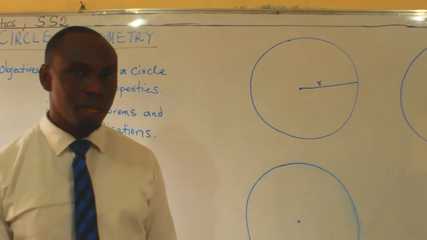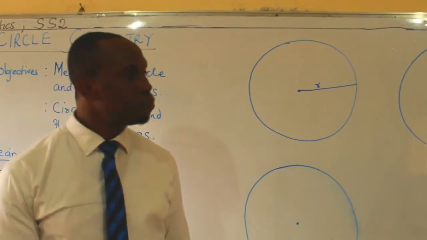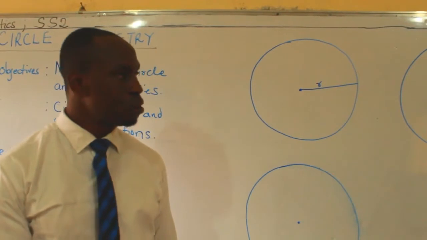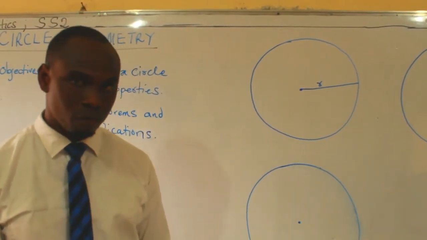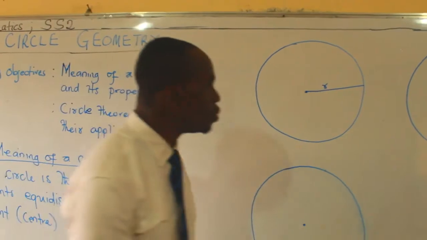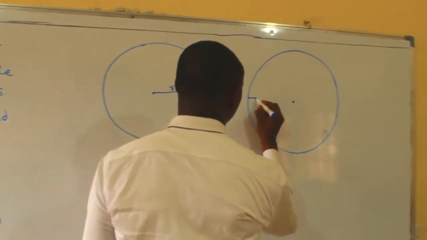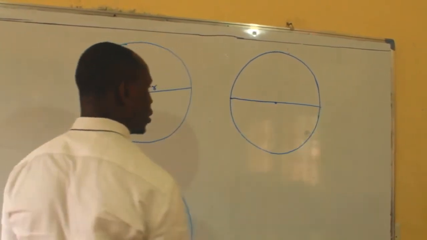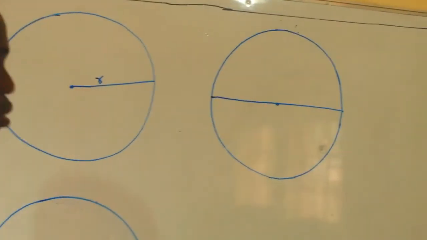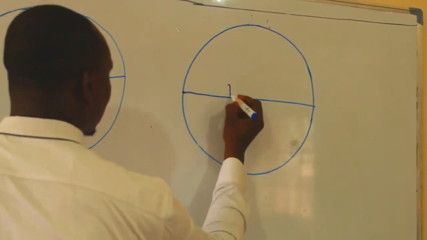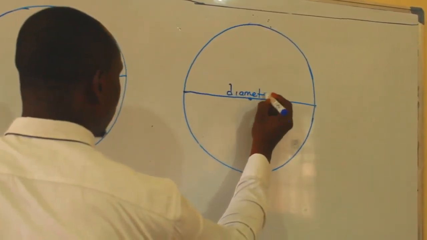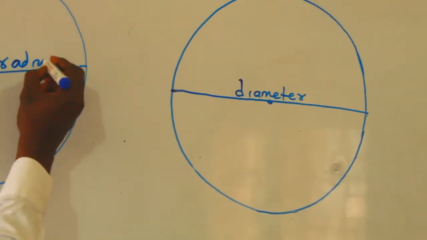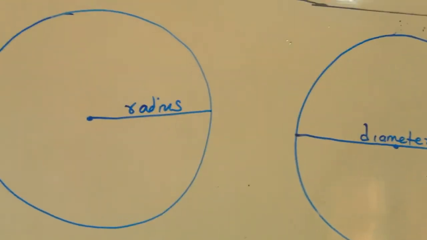I say again, the diameter is a line drawn from any point of the circumference to another point on the circumference, which crosses the center of the circle. So I draw my diameter from this point, crossing the center of the circle to this other end, and that is the diameter of the circle. This was my radius, and that is my diameter.